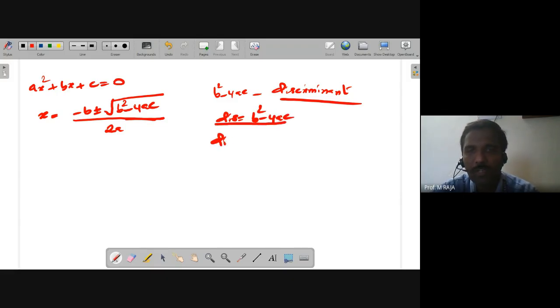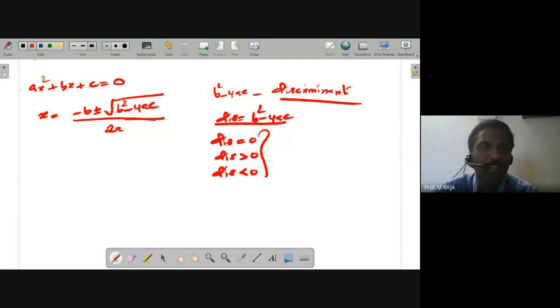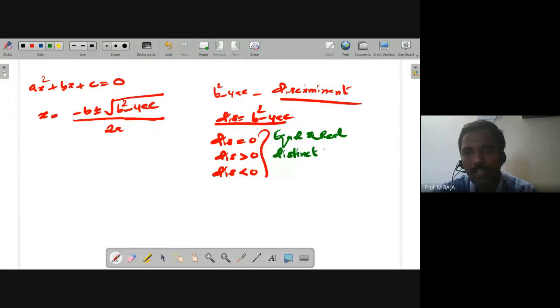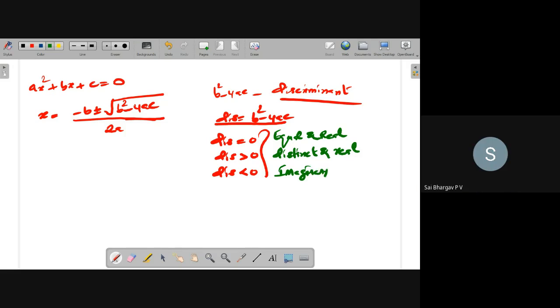Based on the discriminant being equal to 0, greater than 0, or less than 0, we have the corresponding nature. When the discriminant is equal to 0, the roots are real and equal. When the discriminant is greater than 0, we have distinct and real roots. When the discriminant is less than 0, we have imaginary roots.